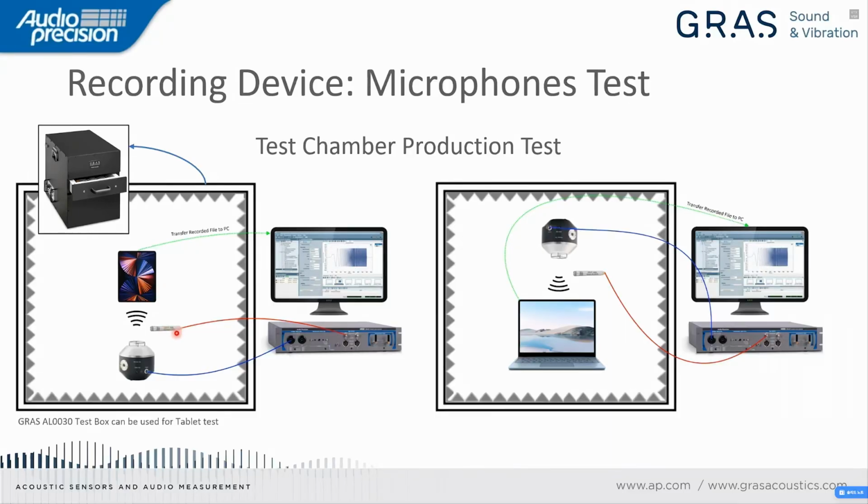So, for example, we can make a sequence in the APx software that measures the noise floor right before we start with the measurement. This way, if we measure a noise level that is higher than X amount, we can warn the operator to avoid performing the test at that moment.